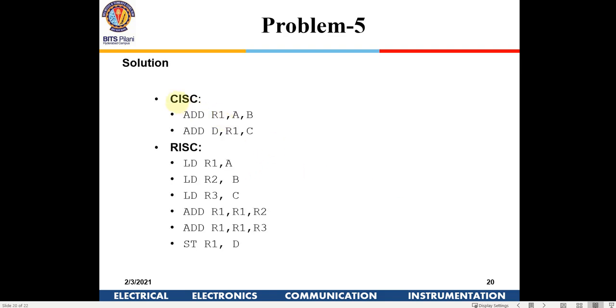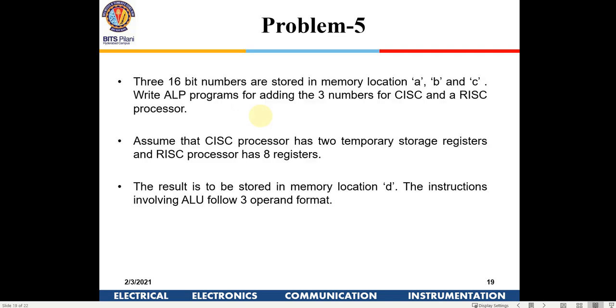So in CISC we know that these kinds of commands are permitted, where operations between memory cells and registers are permitted. We can do that between 2 registers also, and between 2 memory locations also. Here, A, B, C are memory.